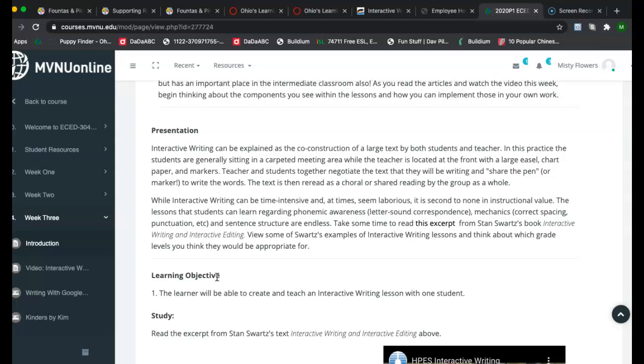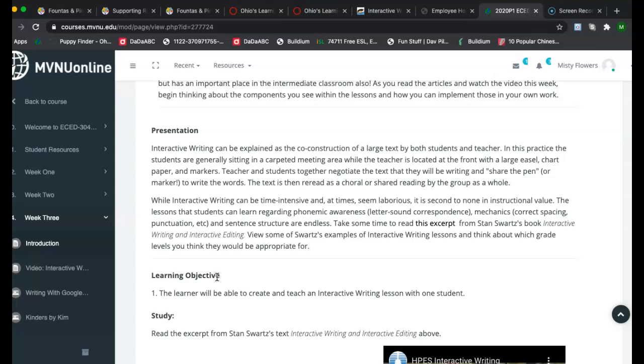It might be to label items in the classroom. It might be to make a list of things that are needed for art that day. It could be a letter. It just needs to be authentic. It needs to have a real purpose.